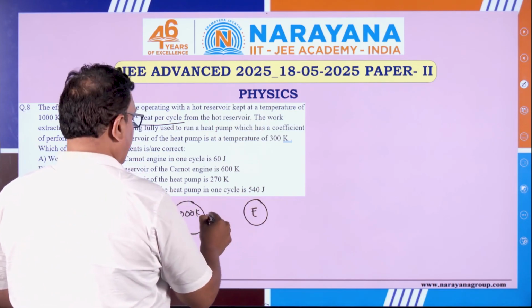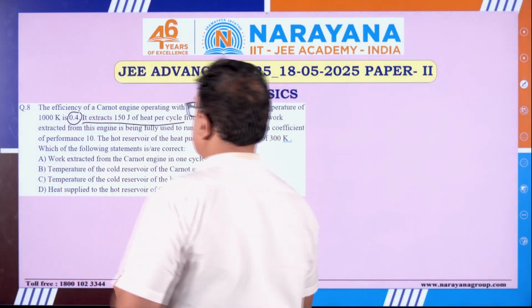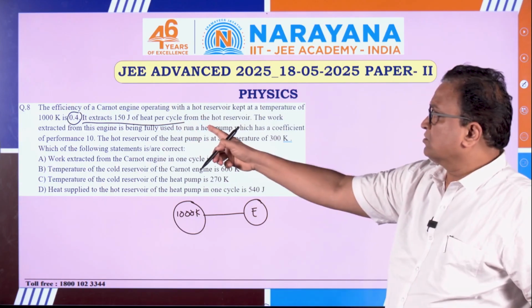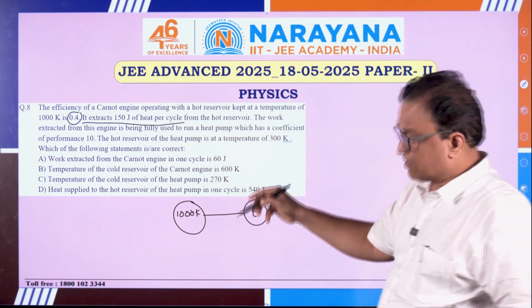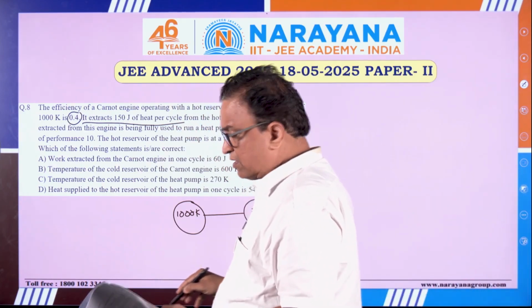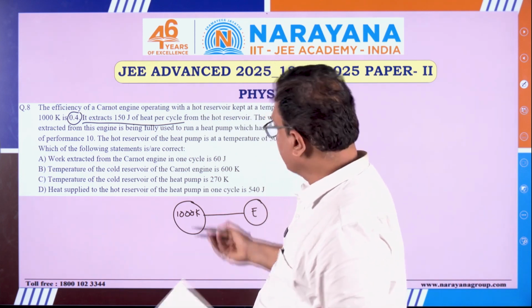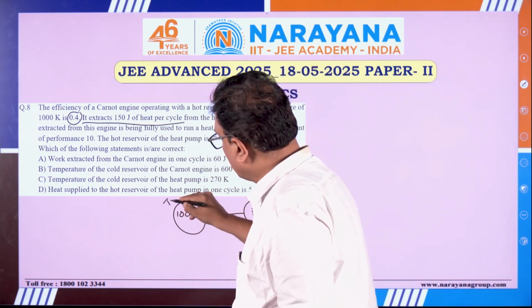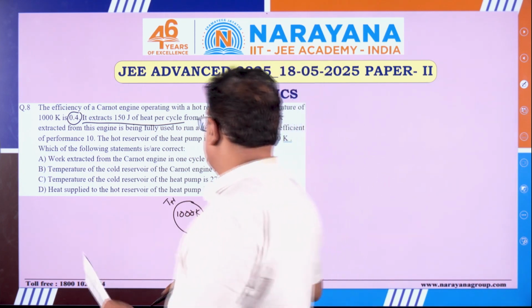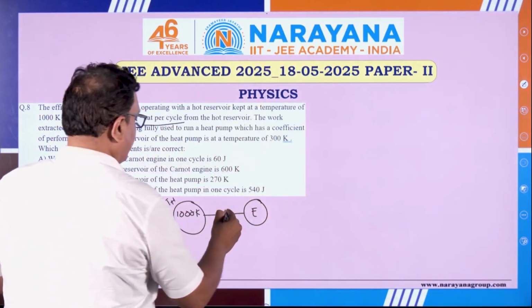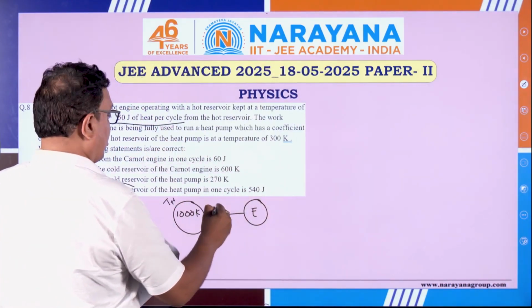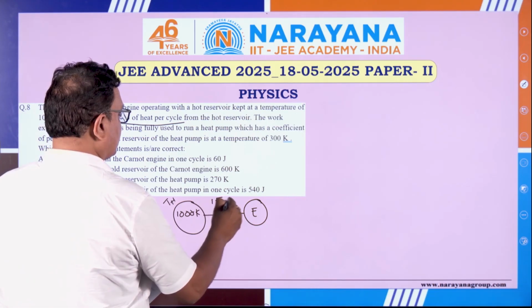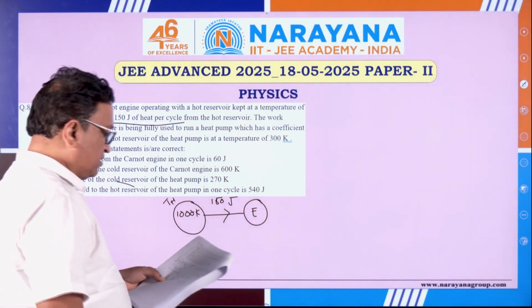Extracts 150 joules of heat per cycle from the hot reservoir. This is the hot reservoir, T hot, right? Literally, you are drawing 150 joules, right?